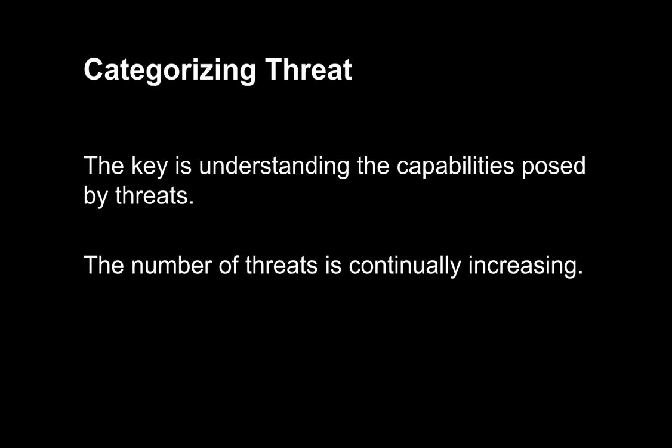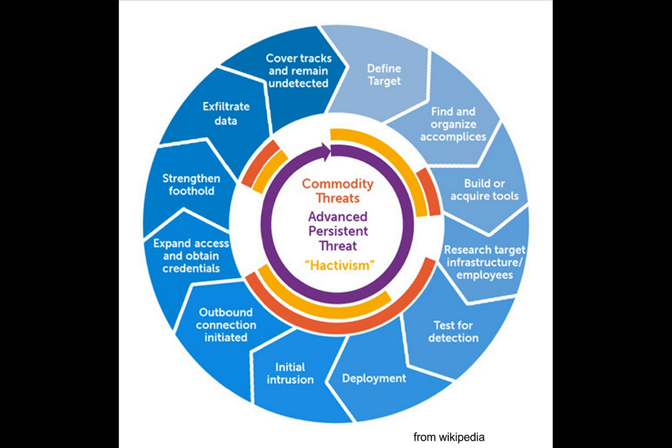So it is very important to categorize threats and explain the capabilities posed by threats. And the number of threats is always increasing. This is a pretty good diagram of the attacker lifecycle, but it is also overlaid by three different categories of threat, of which the most powerful is listed as Advanced Persistent Threat, also known as APT.